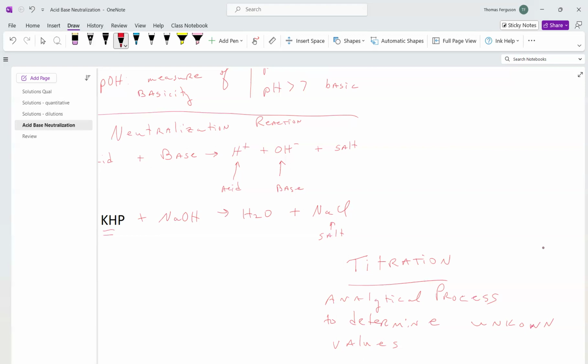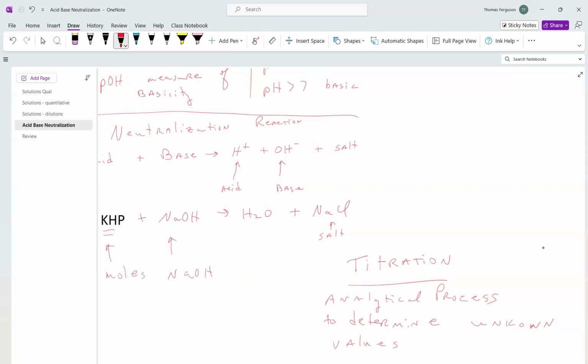Okay, so if we know the moles of KHP, we now know the moles of sodium hydroxide because we went to the point where the moles of KHP exactly neutralize the moles of sodium hydroxide.